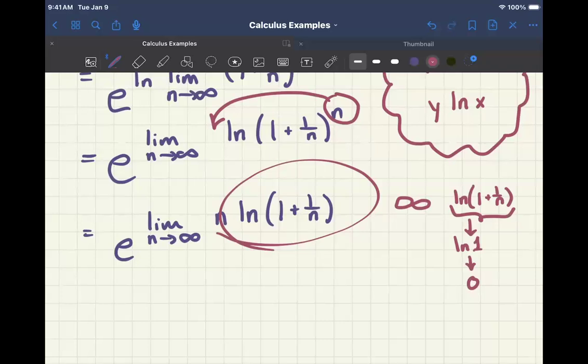So basically you have this infinity and the 0 competing, and we're trying to figure out which one of these two is actually going to win. So that's basically infinity times 0, which tells us something.